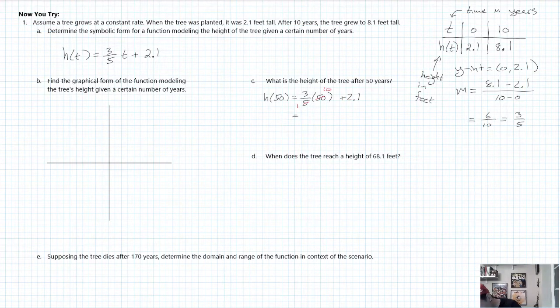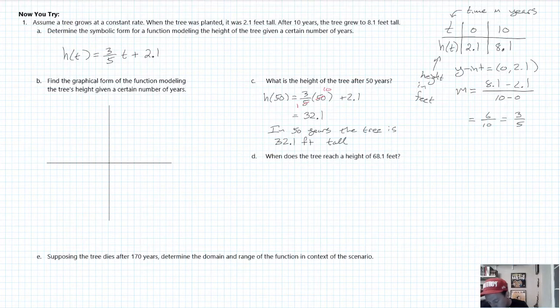So we'll get 30 plus 2.1 is 32.1. So in 50 years, the tree is 32.1 feet tall.